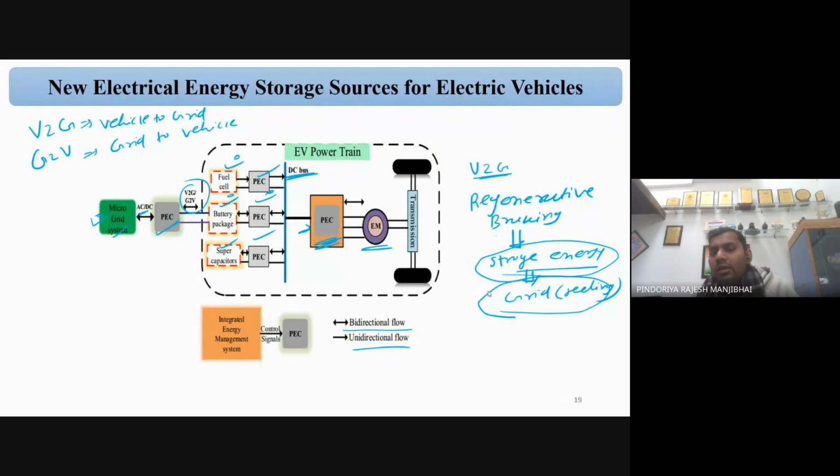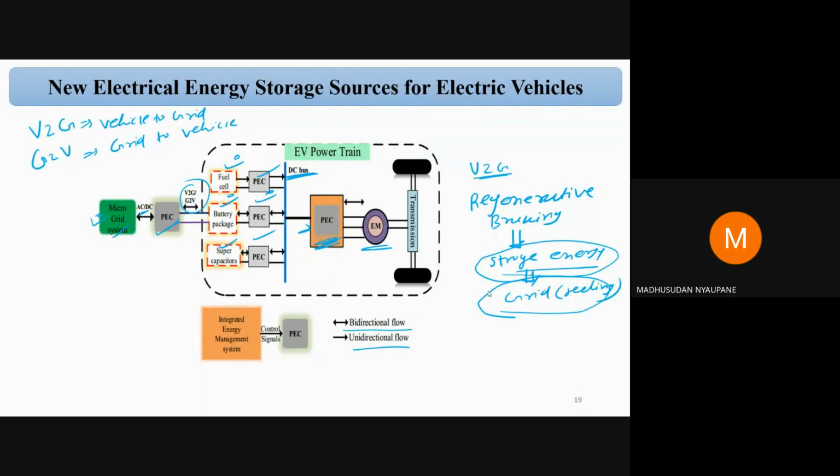How can we design the control algorithm so that our overall system is stable, not unstable? That is the main issue in V2G, and this issue is for both, maybe V2G or G2V. Correct? So that is part of your research: how we can design the control algorithm for overall stability for V2G, or otherwise G2V.